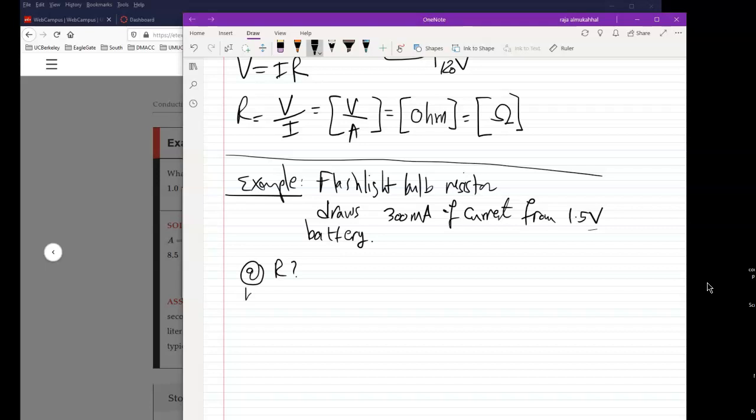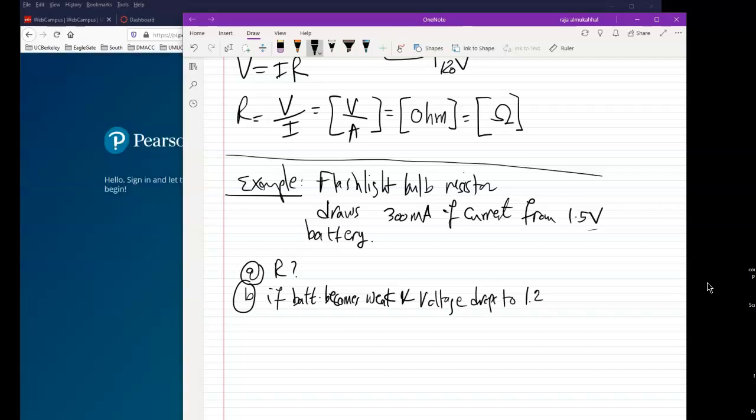The first part asks, what is the resistor? And the second part says if the battery becomes weak and the voltage drops to 1.2 volt, how would the current change?